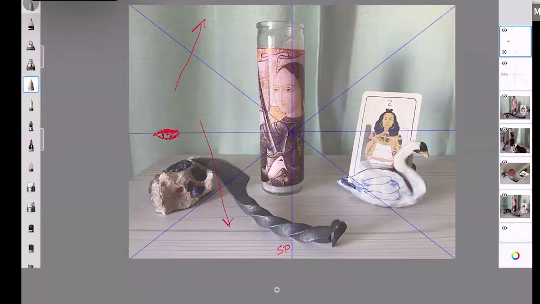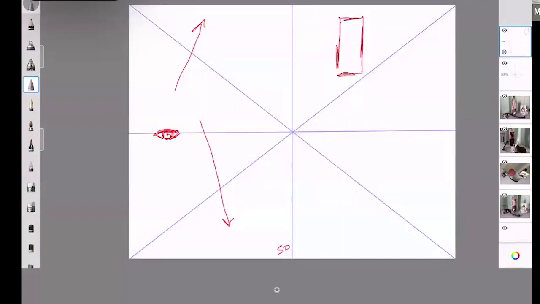I did have to correct this photograph a little bit, even though I tried to take it very parallel to the top of this altar. The camera has a wide angle lens, and also if we think about the camera on our phones, like on my iPhone, the camera is here.